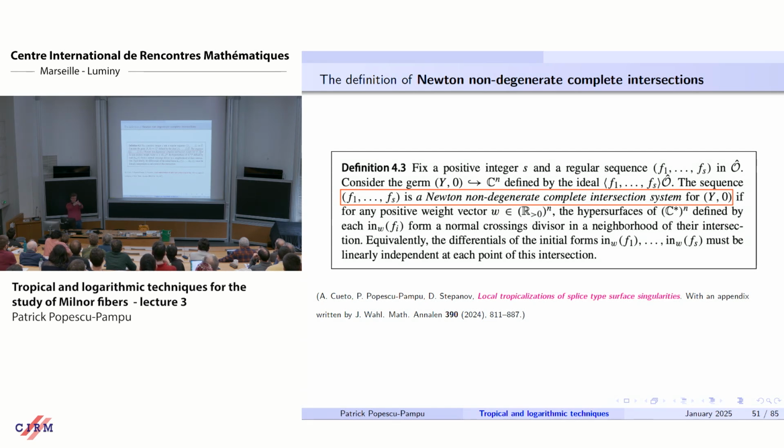So we look where they intersect, and there, near that intersection, we should see a normal crossings divisor.